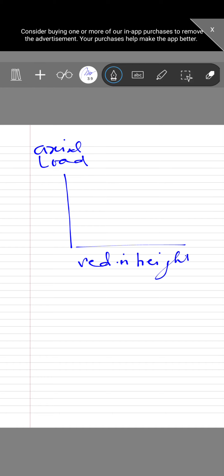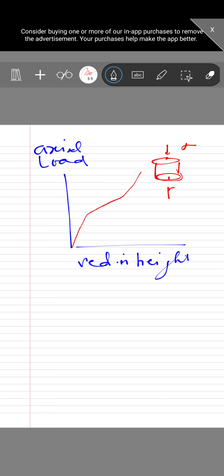So this is the specimen, it's clamped at this end. So this is axial load sigma, and there's reduction in height taking place. So the reduction height profile usually is like this.